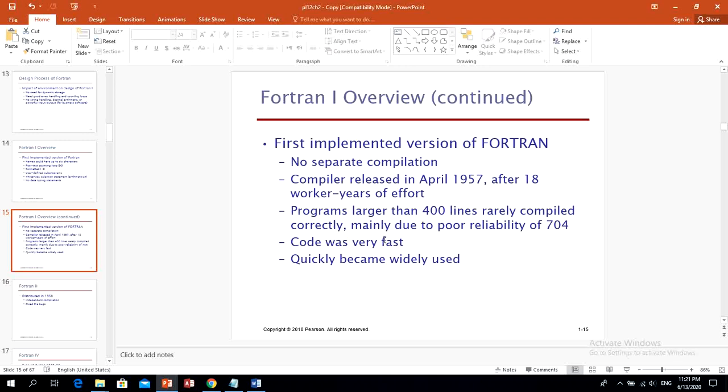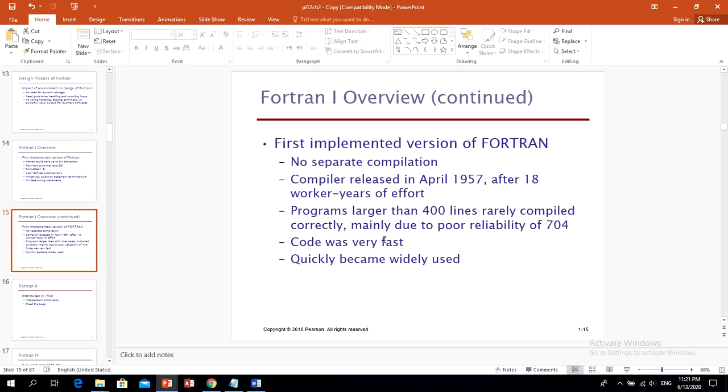So the compilers were released in 1957, and they required a lot of work in order to release. It is very difficult to compile larger programs; programs larger than 400 lines could rarely be correctly compiled.